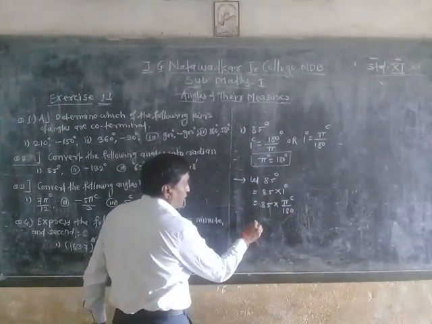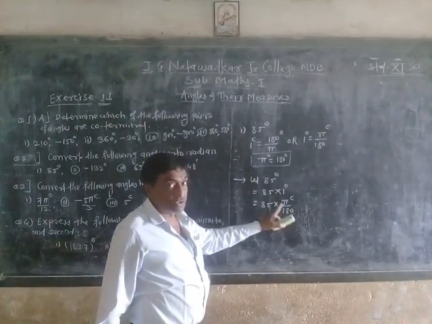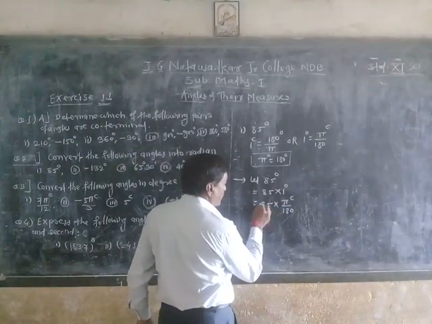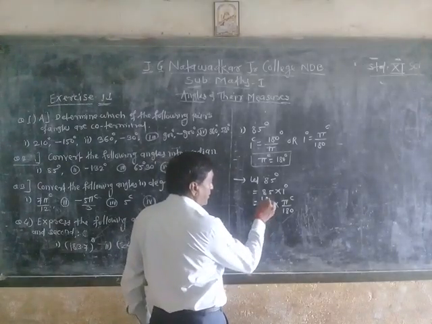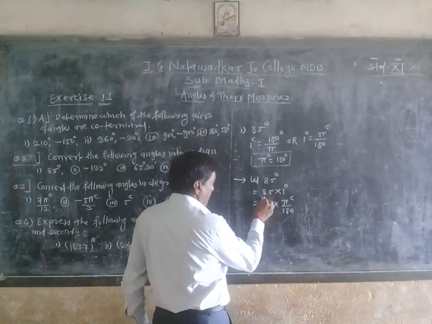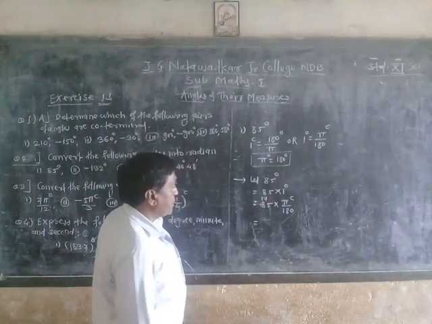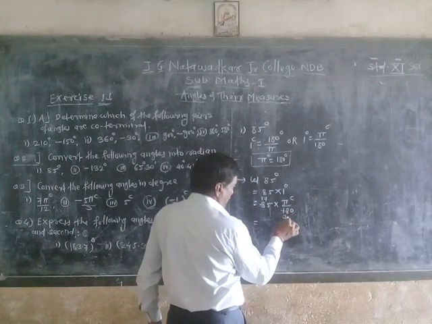And now simplify. Here the unit place number is 5, and the unit place number is 0. So therefore the test of 5 is possible. And so divide both numbers by 5. So 5 1s are 5, remaining 3, 35 you get. 5 7s are 35. Okay. Now 5 3s are 15, again 3 remaining.